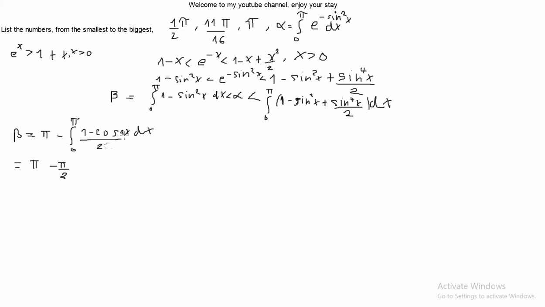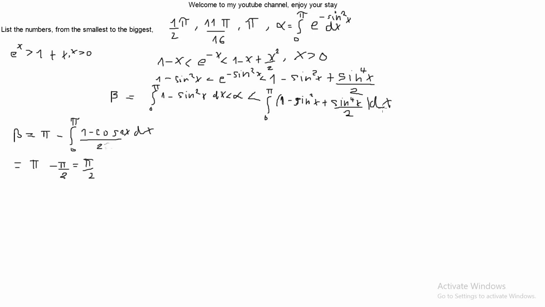You can use a substitution, 2x equals t, and it will get divided by 2, and it will be sine from 0 to 2π. So this isn't that bad to integrate, and we are left with π over 2.